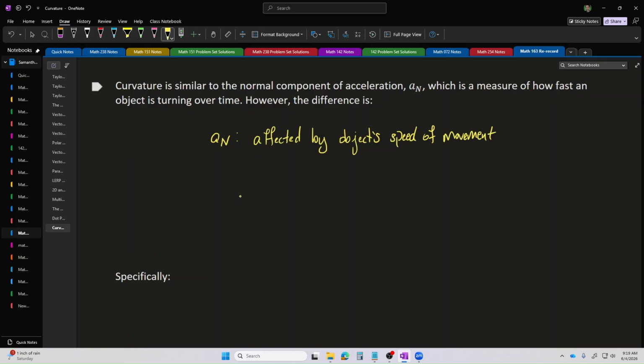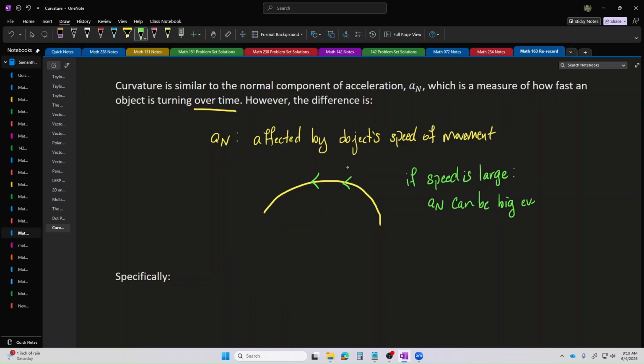It's a measure of how fast the object is turning or bending as measured over time. So if the object is taking a relatively loose curve, but it's taking that curve at a large speed, your a sub n can be big, even if the actual curvature of the path is relatively small.